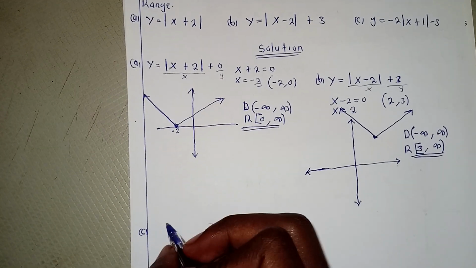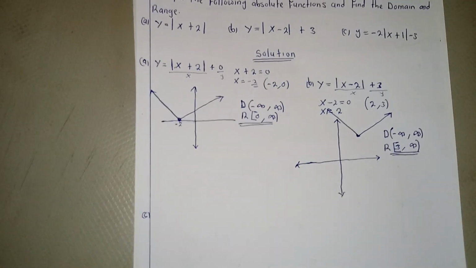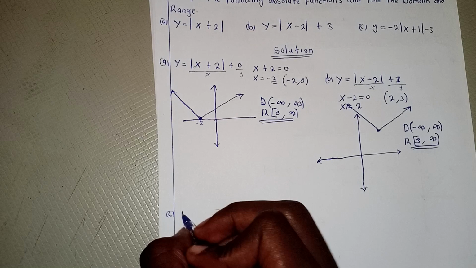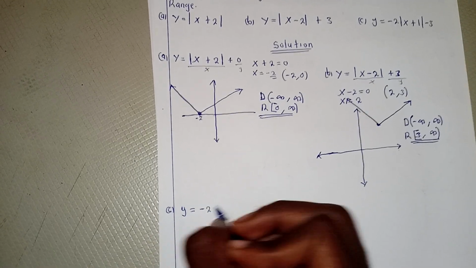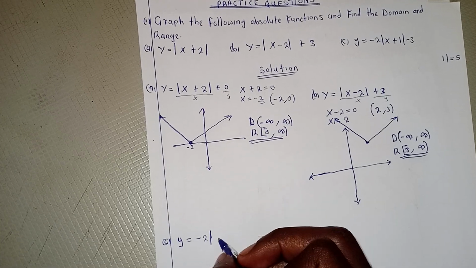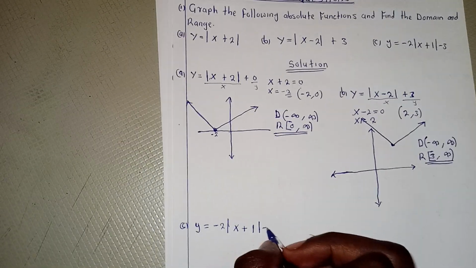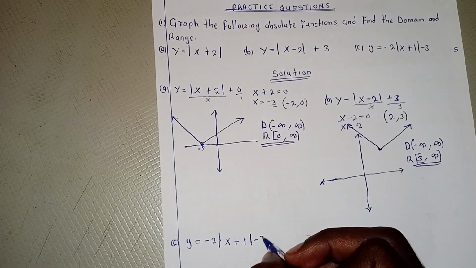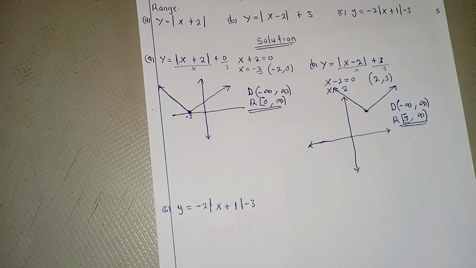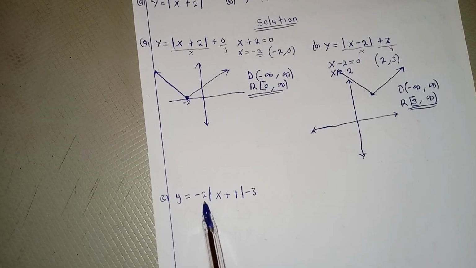Okay, let's get to C. C is simply saying y is equal to negative 2, the absolute value of x plus 1. So the same concept applies. Very, very simple. Now, let me just try to interpret this.